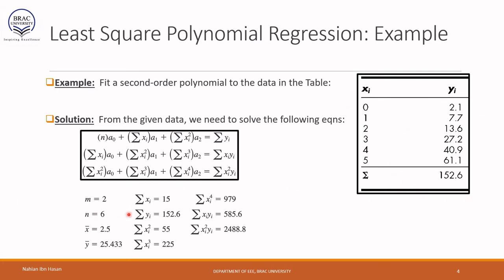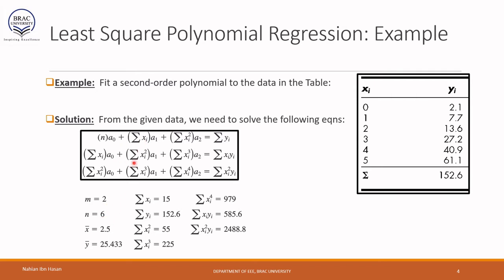For example, m is equal to 2. Why is m equal to 2? There are three equations here, a0, a1, and a2. That means there are 3 degrees of freedom, but we have already lost 1 degree of freedom, and that makes m equal to 2. n is the number of data points, 0 to 5, that means a total of 6 data points.